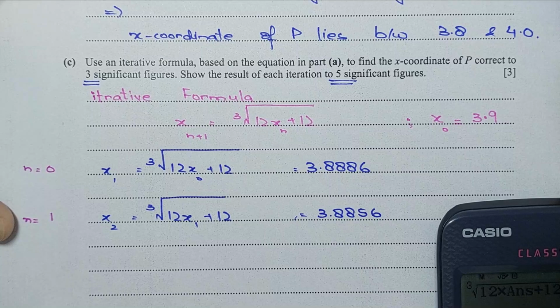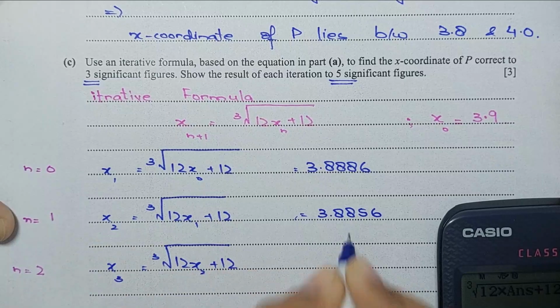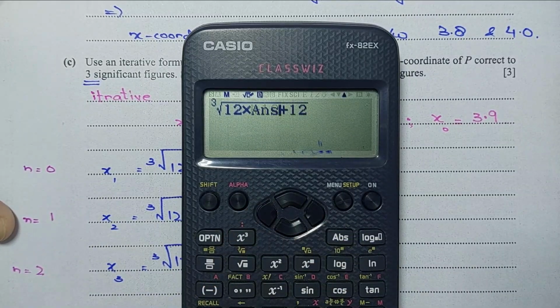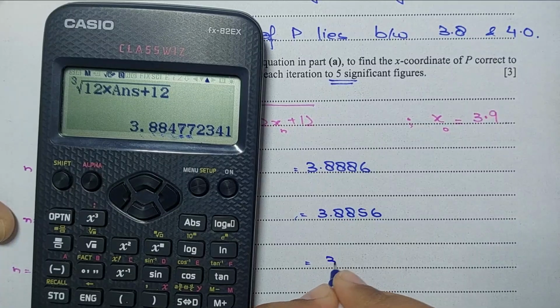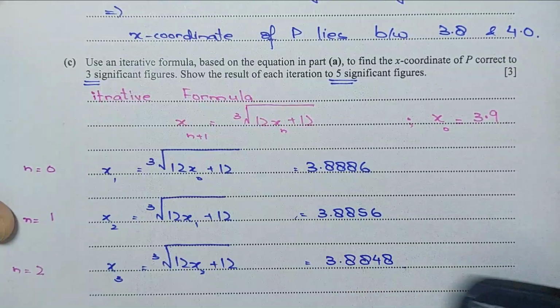The next iteration, when n is 2, x3 is the cube root of 12 x2 + 12, where x2 is this value, the answer. This gives 3.8848.